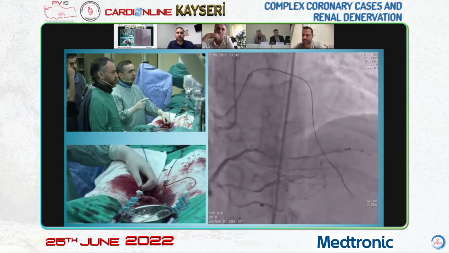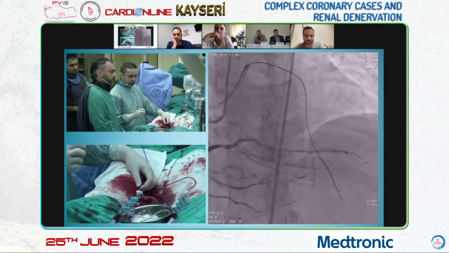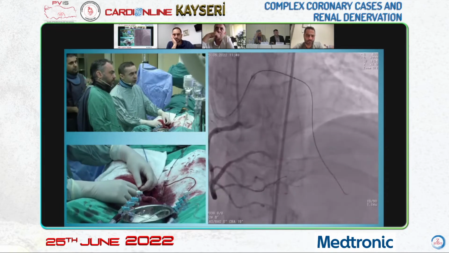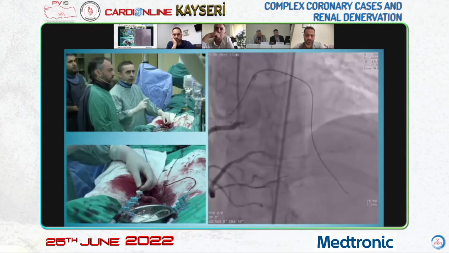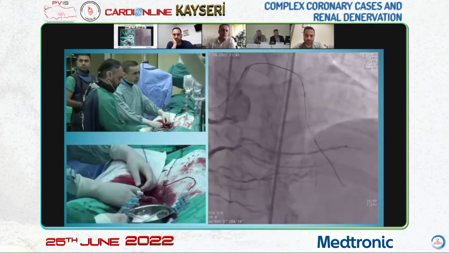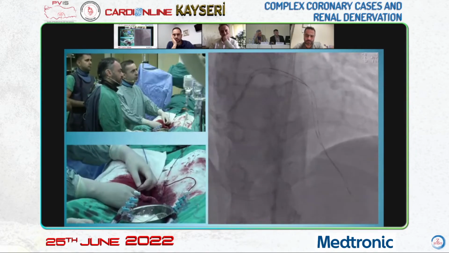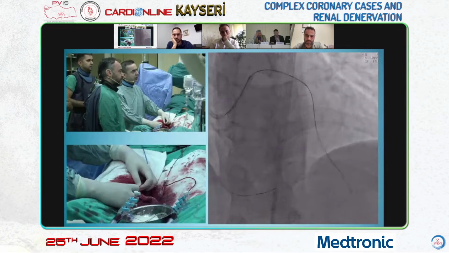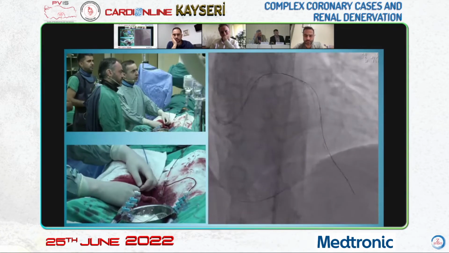We are in the lumen, the wire is good. While progressing, we need to say a few more things. Sometimes torque is of use. A few torques may help us. With a slight torque, we will go to the distal. You see, it is easily going on.